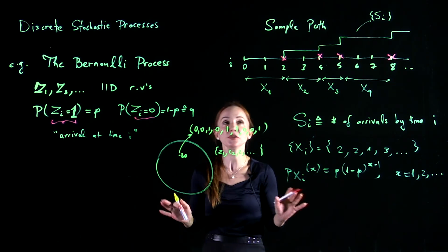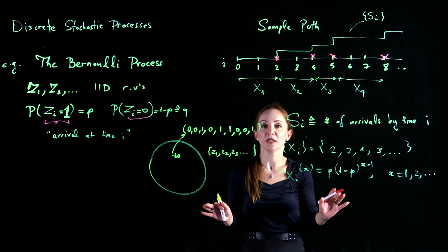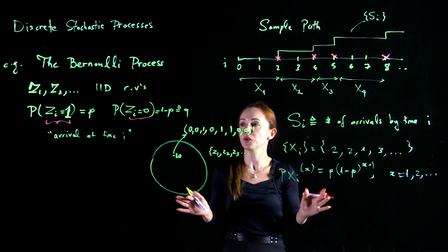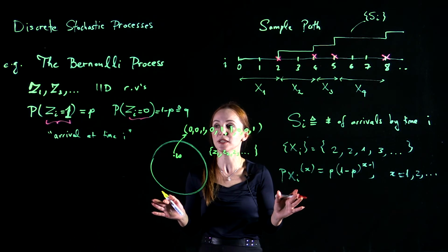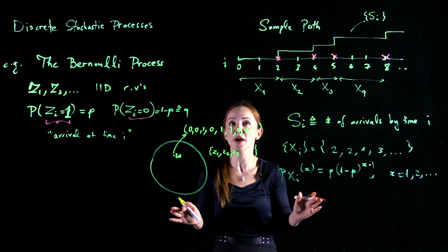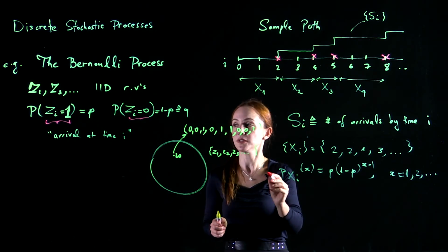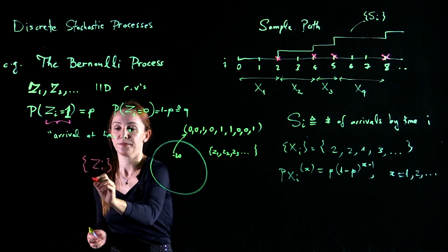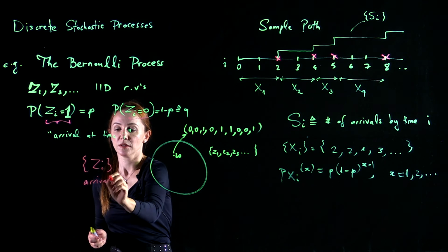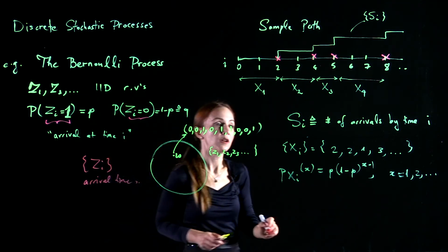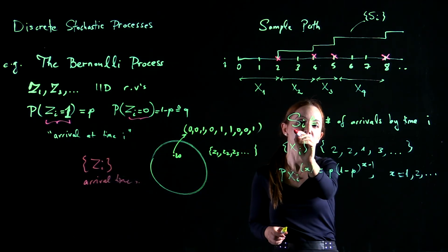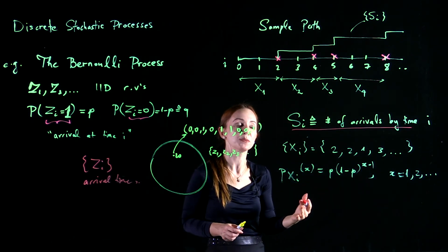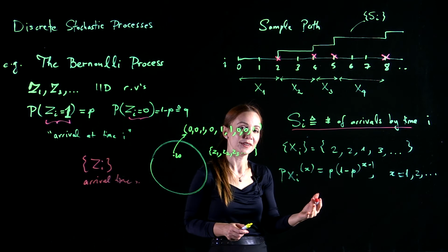So the Bernoulli process is this very nice and simple discrete stochastic process that is equivalently characterized by arrival indicators Zi, or by the process that counts the number of arrivals by time i.